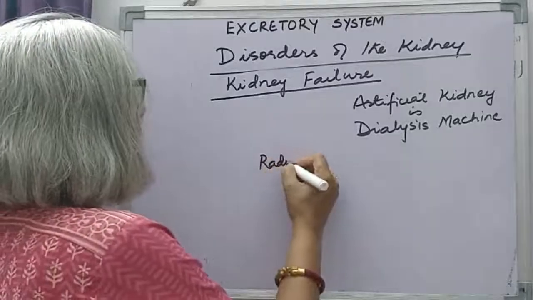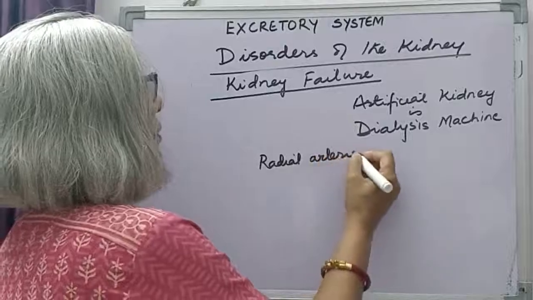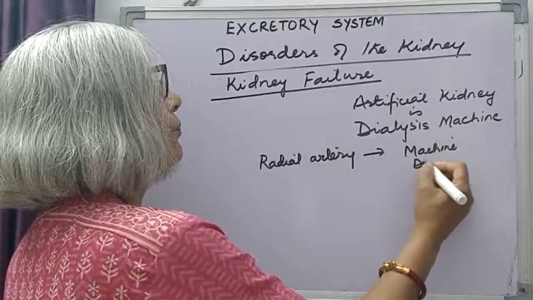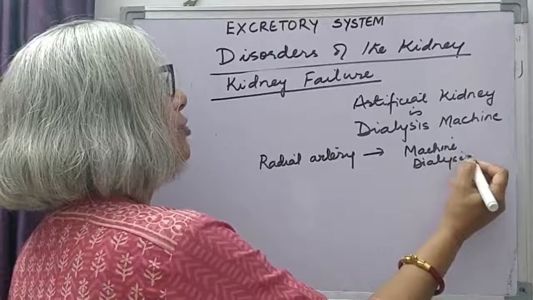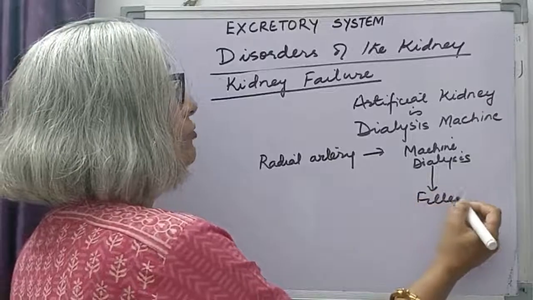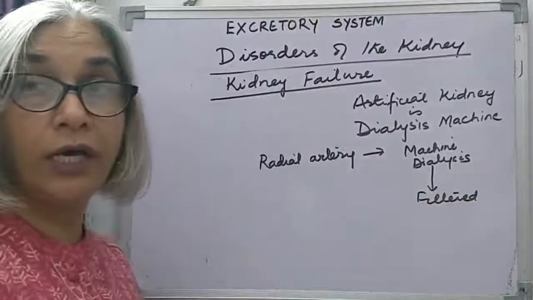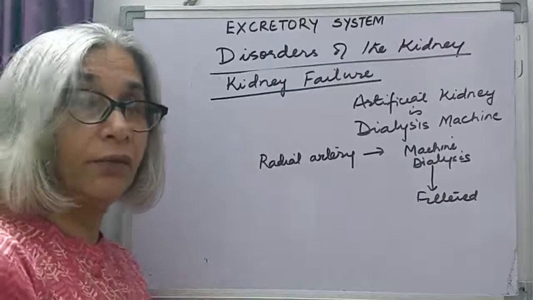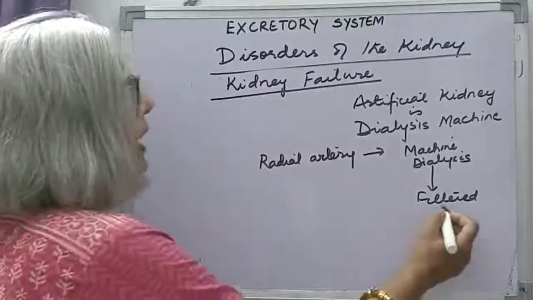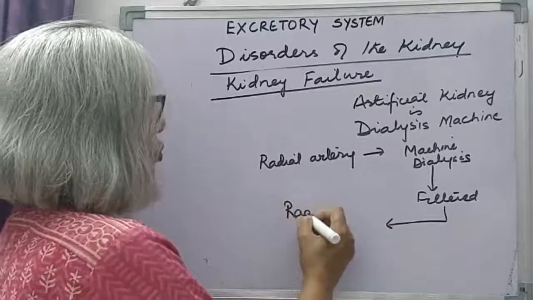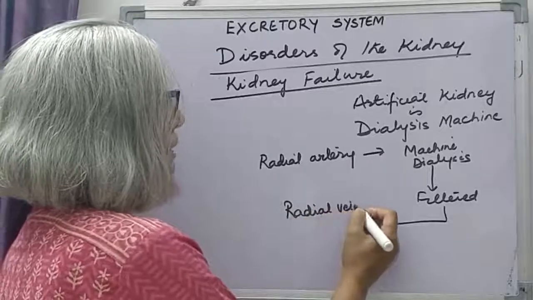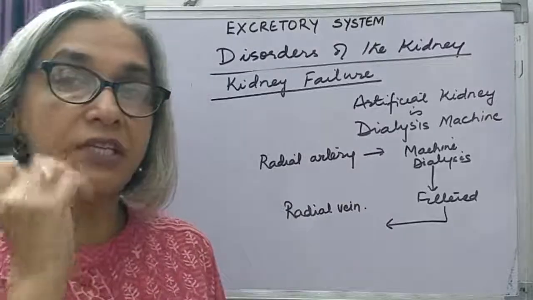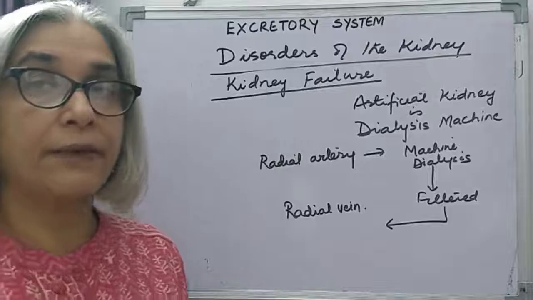Blood from the radial artery is sent to the dialysis machine, where it gets filtered, and then this filtered blood, from which urea, nitrogenous waste and other unwanted things like antibiotics are removed, is put back into the body through the radial vein. That is why it is called artificial kidney or dialysis machine, and the process is called dialysis.